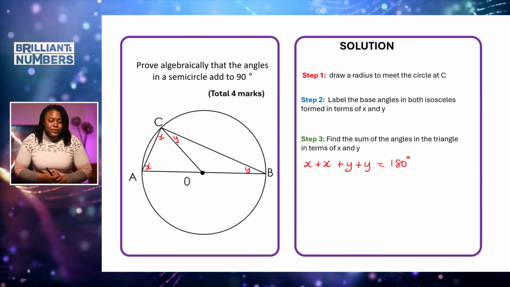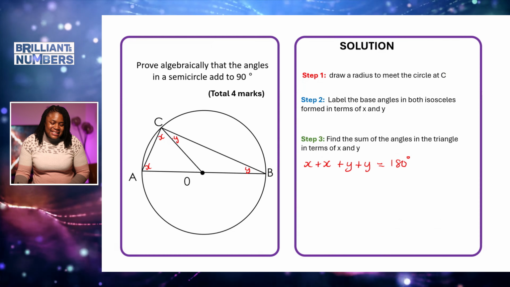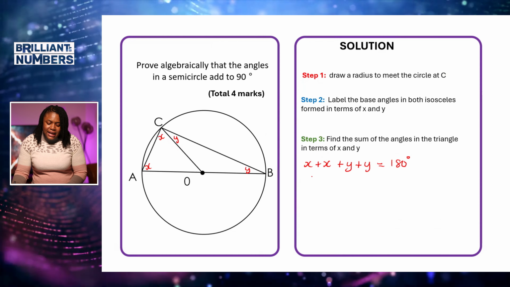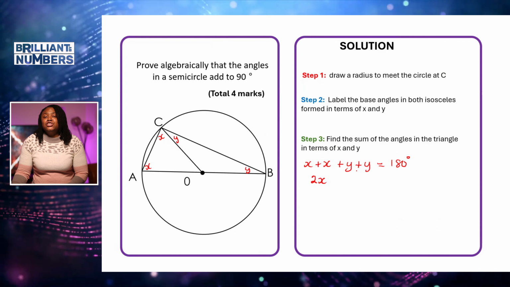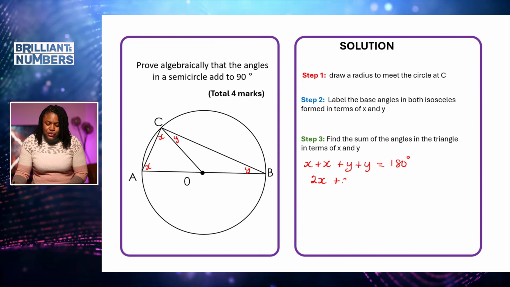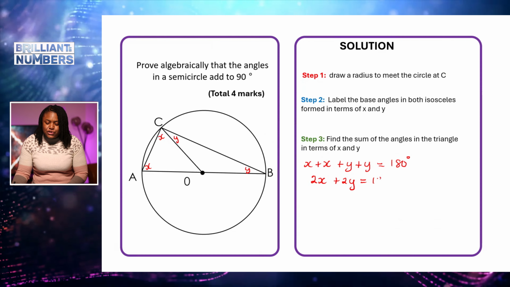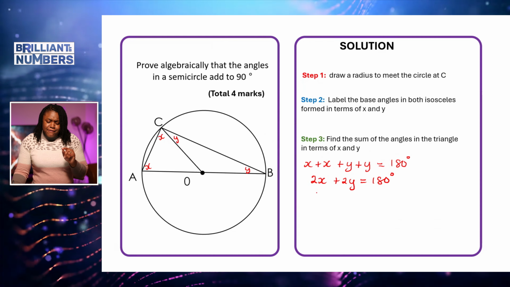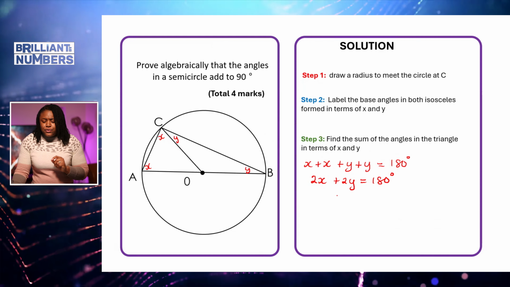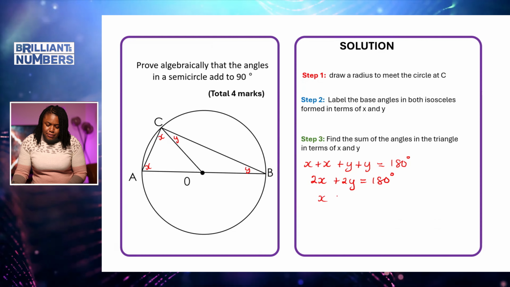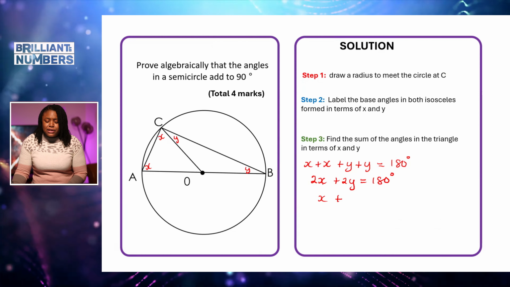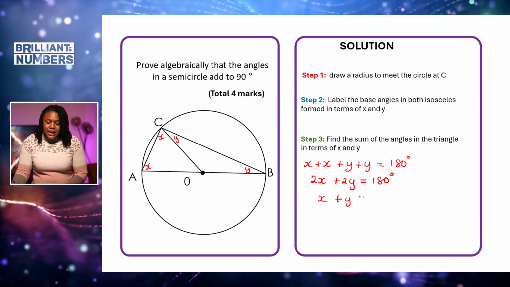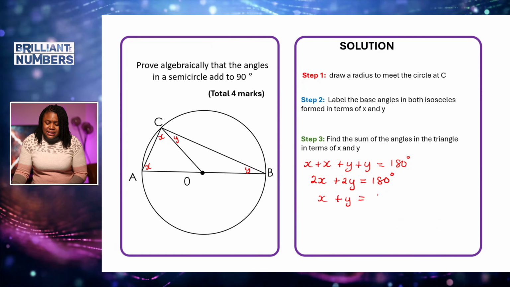Remember, we are after proving that the angle at C is 90 degrees. So let's see. X plus X gives us 2X, and Y plus Y gives us 2Y, and that's equal to 180 degrees. Now, if we divide this by 2, we're going to get X plus Y, because 2X divided by 2 is X, and 2Y divided by 2 is Y, and 180 divided by 2 is 90.